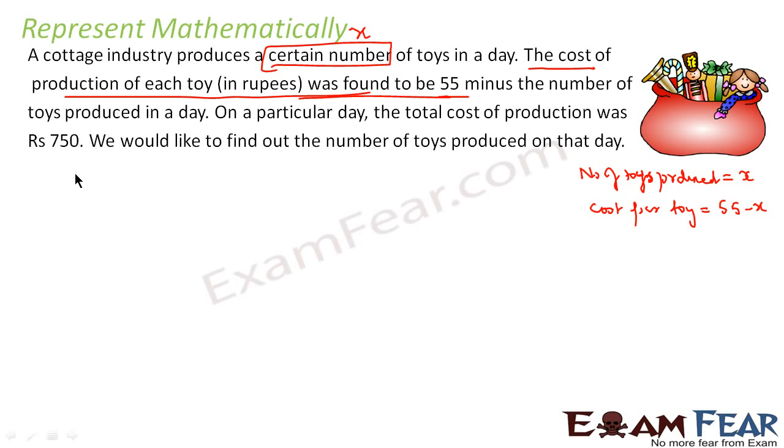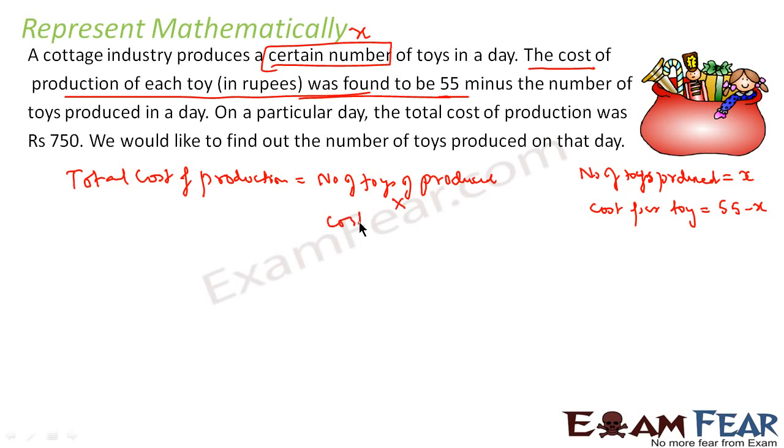So if you see, total cost of production is nothing but number of toys produced into, we will multiply this by cost per toy, correct?